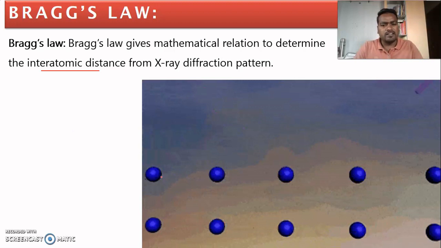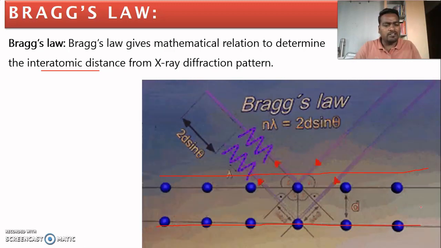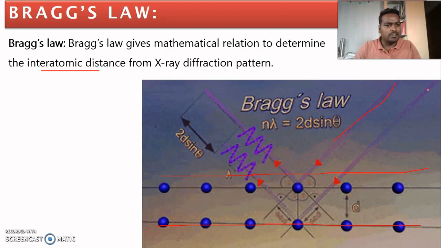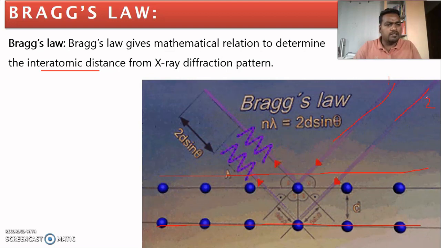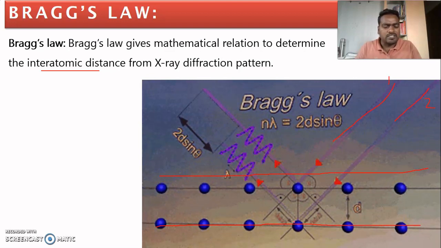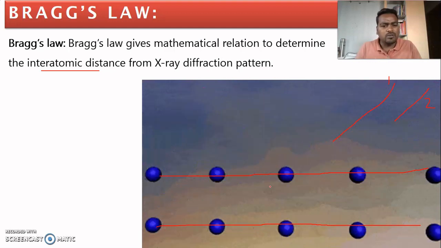Let us consider a crystal in which the atoms are arranged in different planes. To these planes we pass X-ray radiation. These are the two beams, beam 1 and beam 2. These beams of radiation pass through the crystal and are reflected when incident on a particular atom.